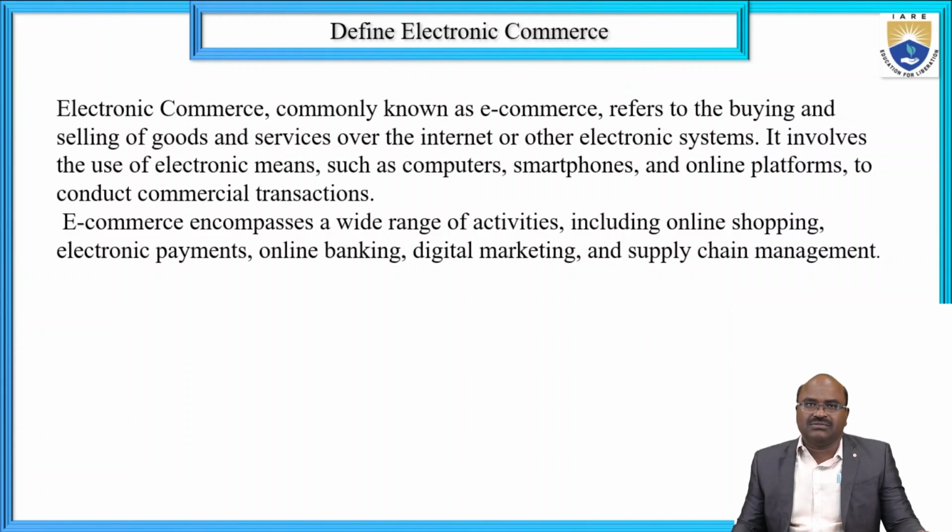It involves the use of electronic means such as computers, smartphones, and online platforms to conduct commercial transactions. That is the basic definition of e-commerce. The required tools are computers, smartphones, and online platforms to conduct any commercial transactions.